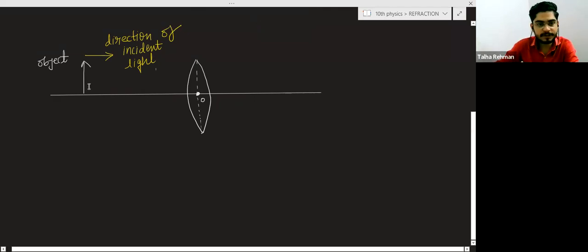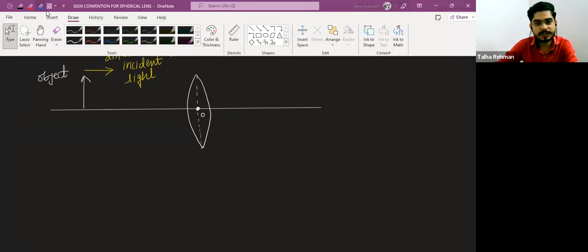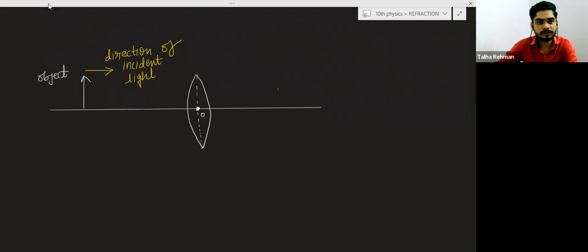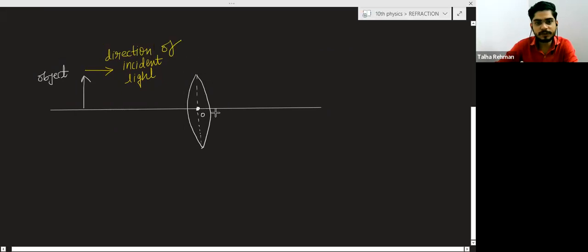Suppose your object is here. So what will be the distance of this object from this? This is the distance between the object and the optical center. Just wait, you will get each and everything.